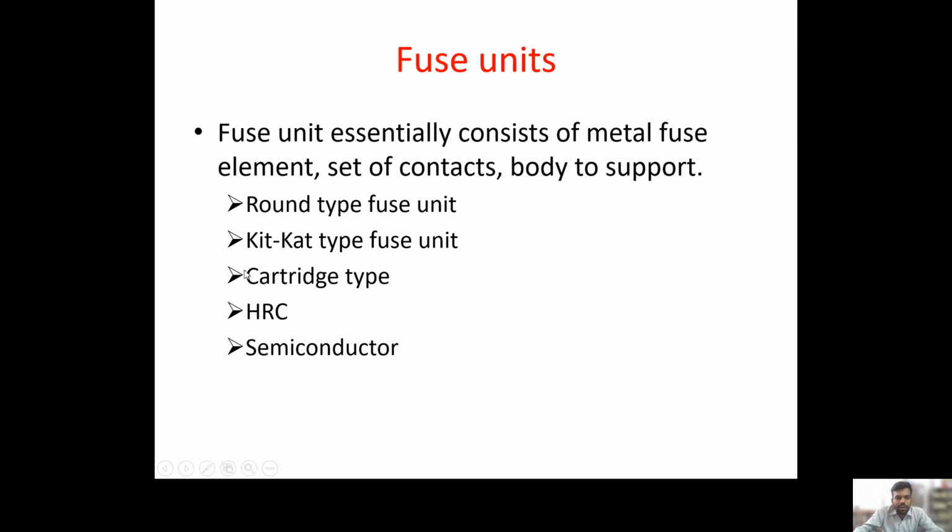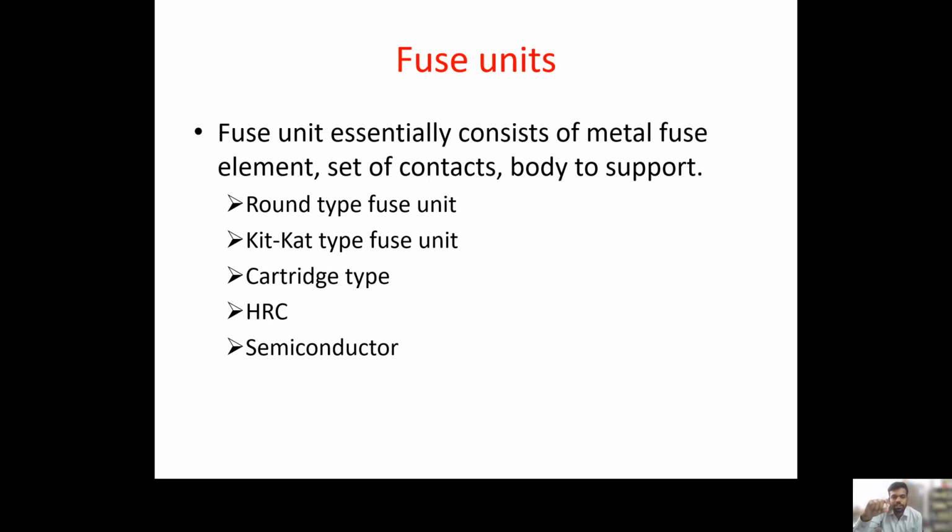The next thing is the cartridge type. Cartridge type is a normally enclosed type of fuse unit. These kinds of fuses are enclosed, not directly visible to us. They are enclosed in different equipment, and essentially consist of insulating containers of bulb or tube shape ending with metallic caps.